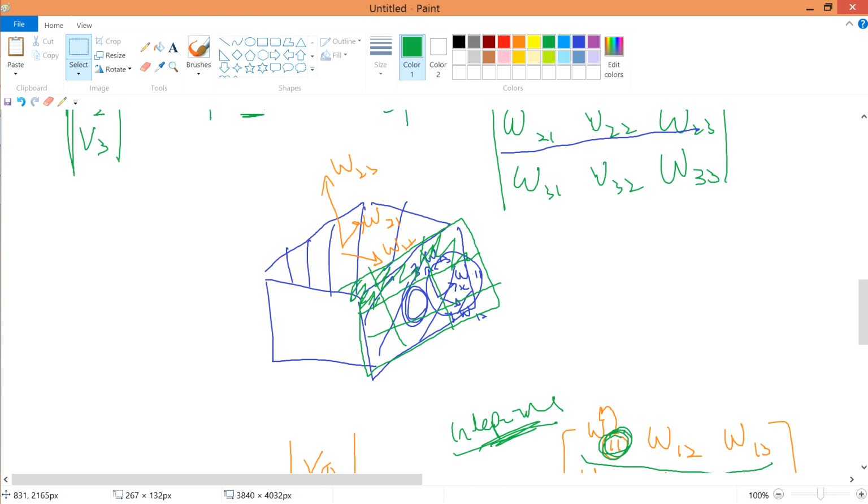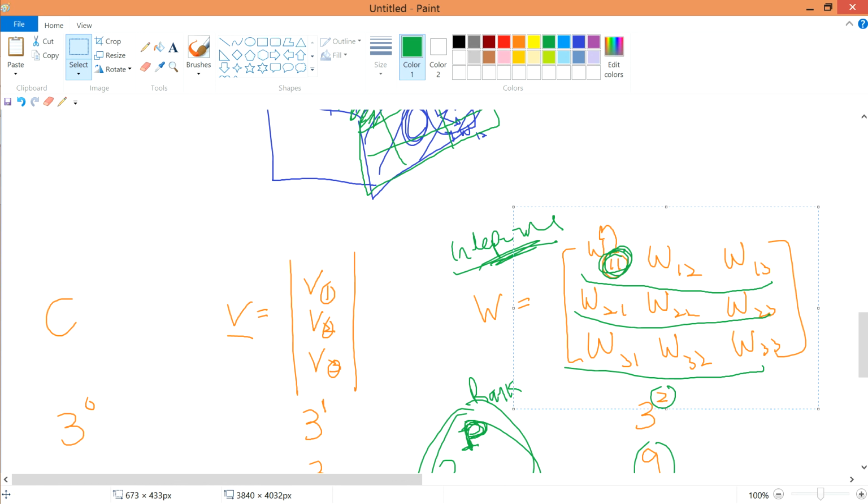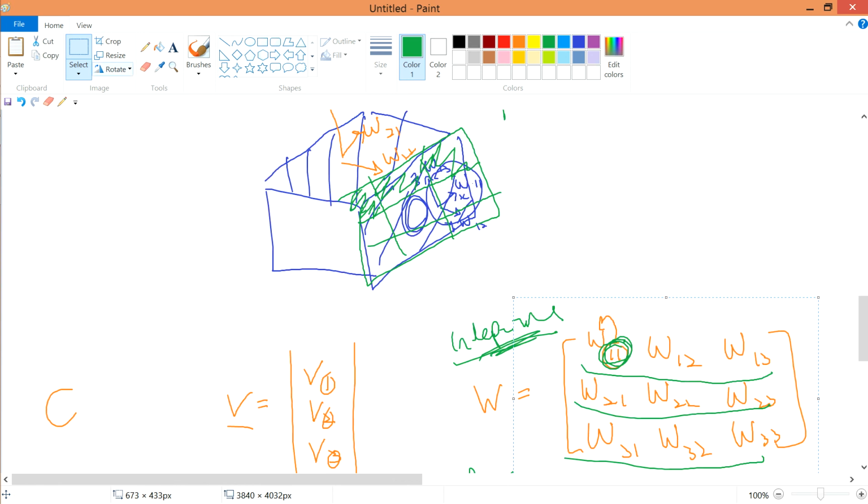If this is a flat surface, then you can just analyze in terms of this matrix. If you have a surface with some curvature over here, you may use a higher level of tensors to analyze things.